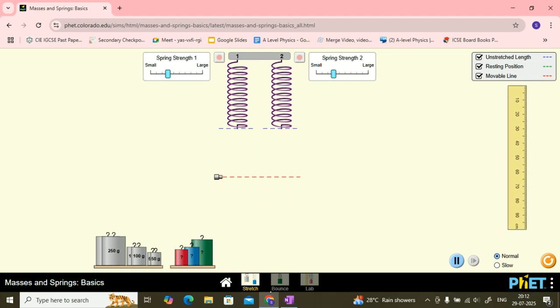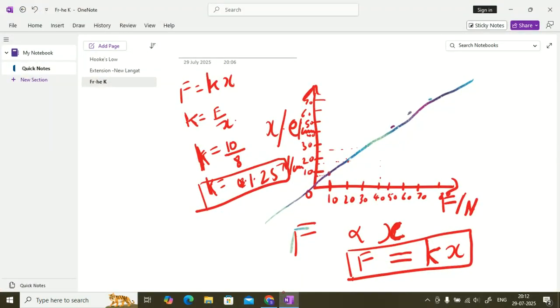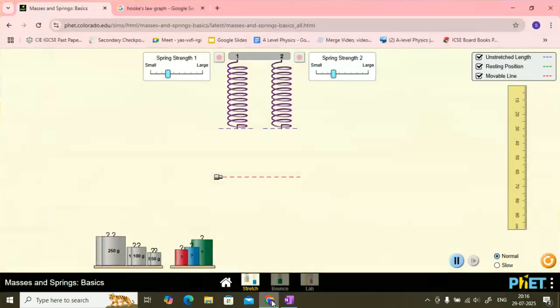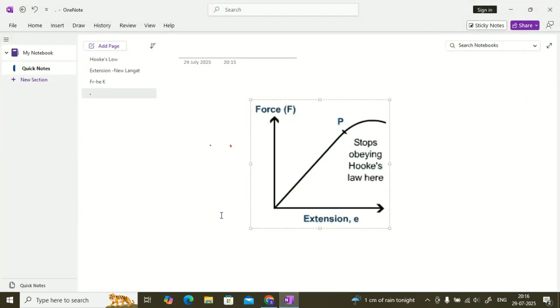Okay, so Hooke's law explains to us that whenever you keep on adding loads to the spring, the extension happening to the spring is always equal for equal amounts of weights. Now what happens? If we plot the graph of force versus extension, or extension versus force, however we take it on the x-axis or y-axis, it doesn't matter.